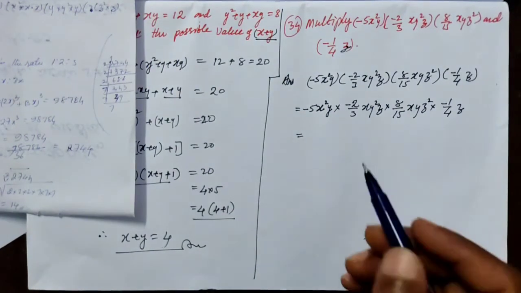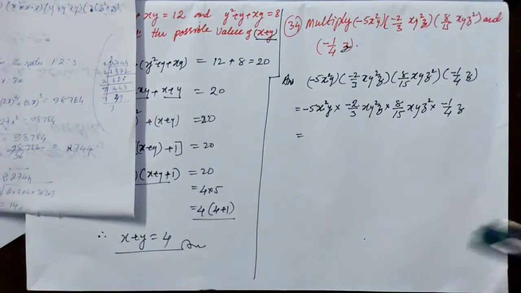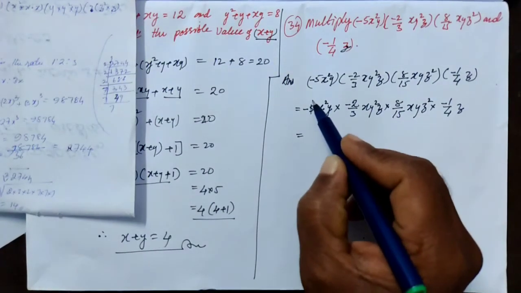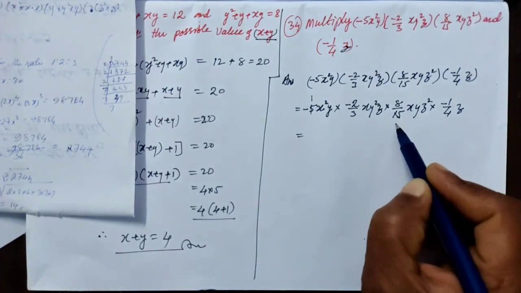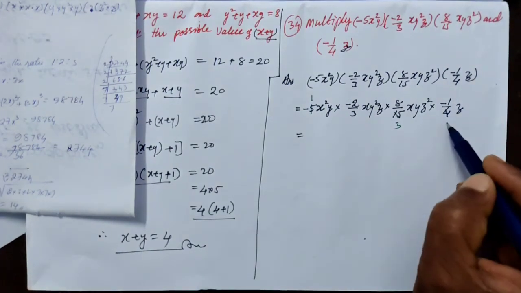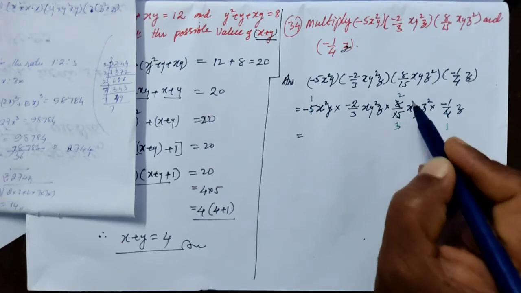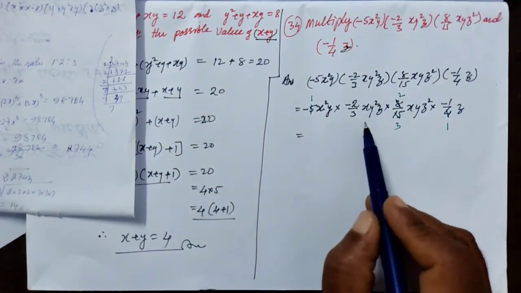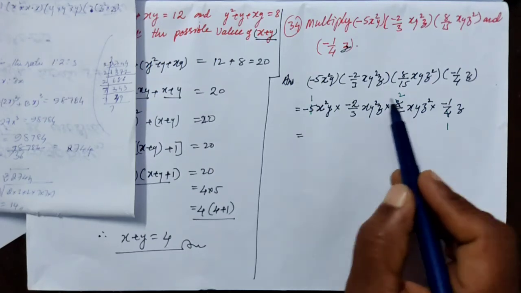So here 5 ones are 5, 3 threes are 3. Now 4 ones are 4, 2 twos are 2. Now is there any common factor so that we can cancel?